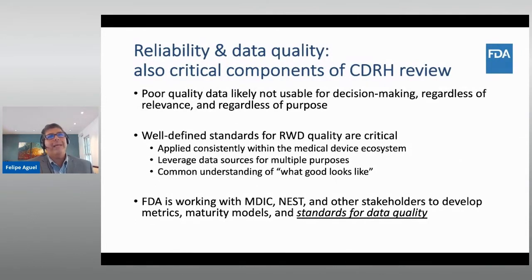So that's the case for relevance. For reliability and data quality, which are also critical components of CDRH review, I think it's a little bit different. Data that is of poor quality will likely not be usable for decision making, regardless of the relevance and regardless of the purpose.